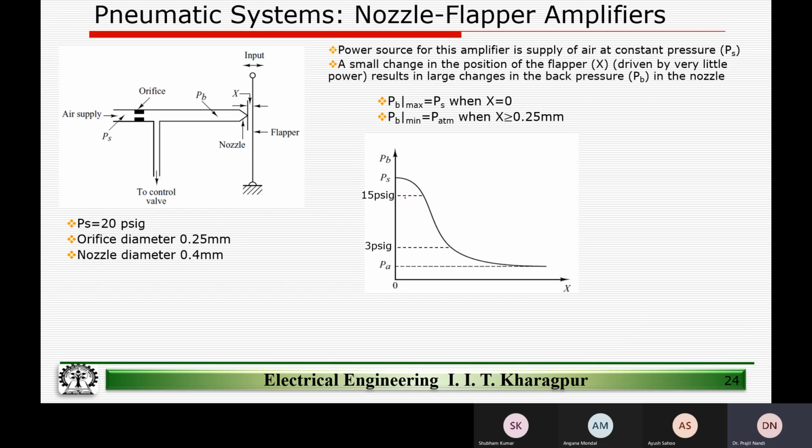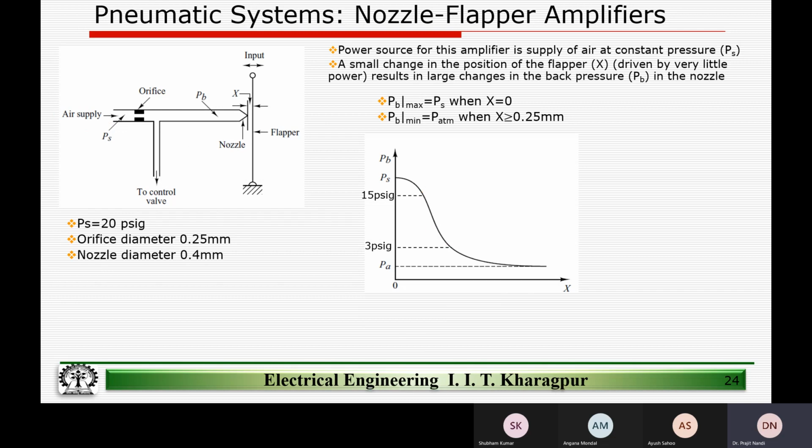So you can see that for an air supply pressure between 15 and 3 PSIG, there is a linear kind of behavior. The overall behavior is non-linear, but we can do a linear approximation, right?